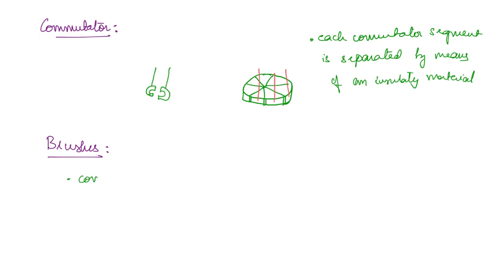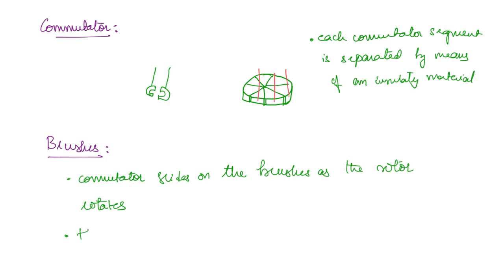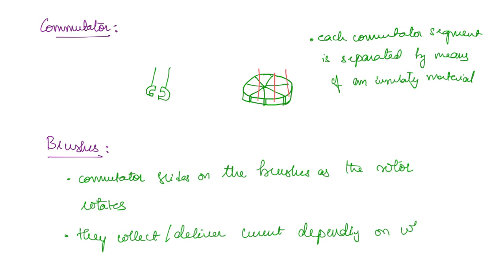So you can write, the brushes slide on the commutator segments as the rotor rotates, and they collect or deliver current depending on whether it is a generator or motor.